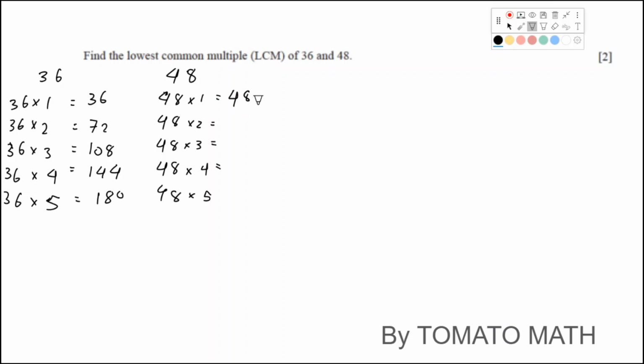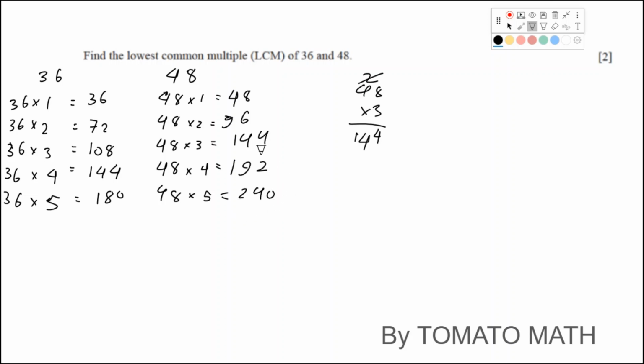So times 1 it will be the same, times 2 it will be 96, times 3, let's see, 3 times 8 is 24, so 144. Then 4 times 48: 4 times 8 is 32, and 4 times 4 is 16, so 192. Finally, 48 times 5 will be 240.